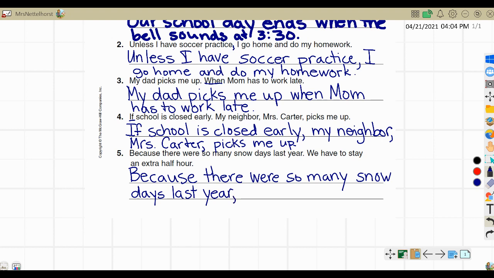So instead of a period, I put a comma. Now, we has to be lowercase because we're in the middle of the sentence. We have to stay an extra half hour. We had to make up actual days, not half hours.